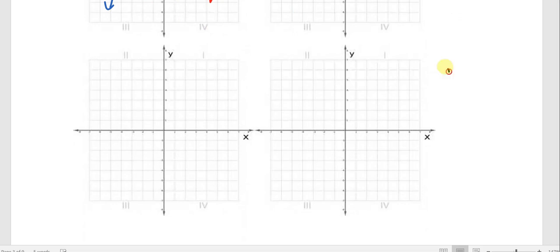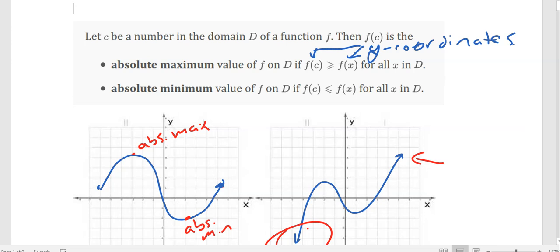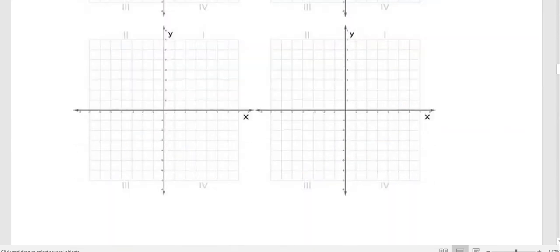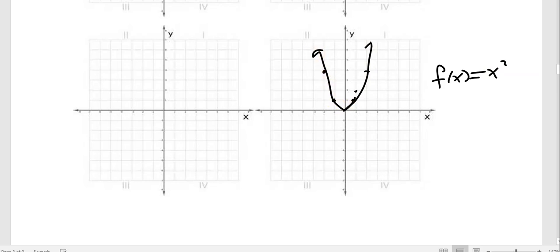Just as an example, if we think about something nice and simple, f of x equals x squared, we just look at the graph and ask where we have these absolute mins, maxes, or relative extrema.